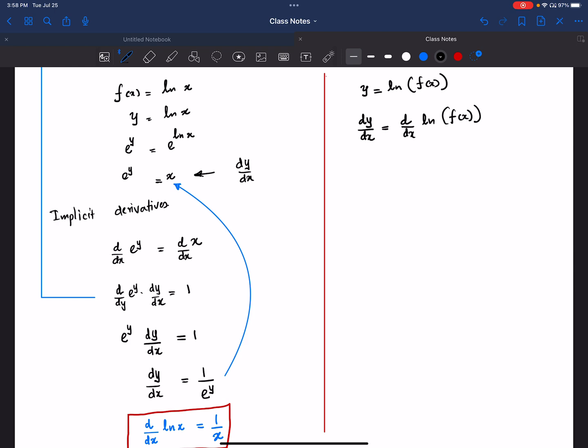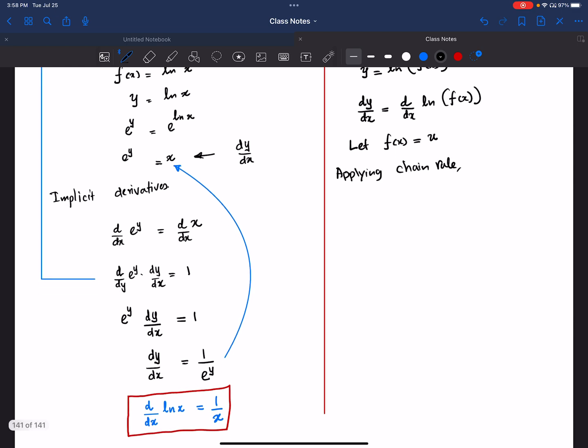Now I can take f of x as u, so let u equal f of x. By applying the chain rule, I can write d over dx of y equals d over du of natural log of u times du over dx.